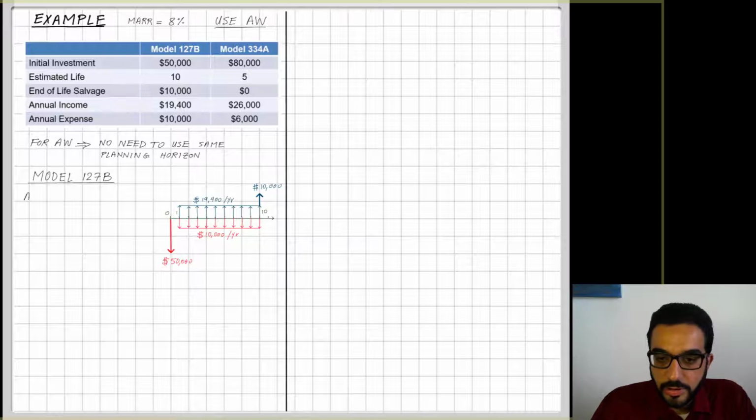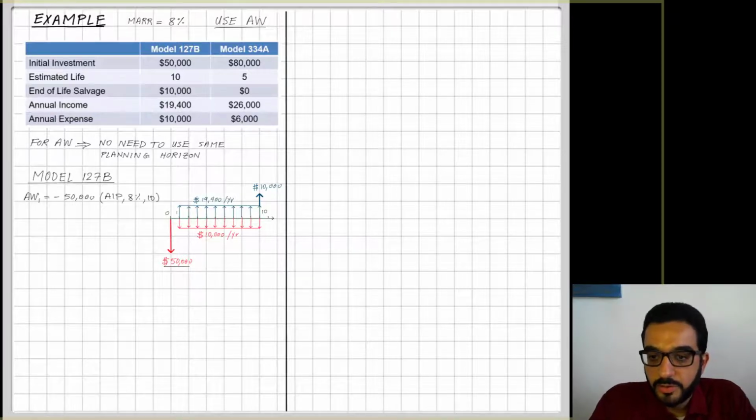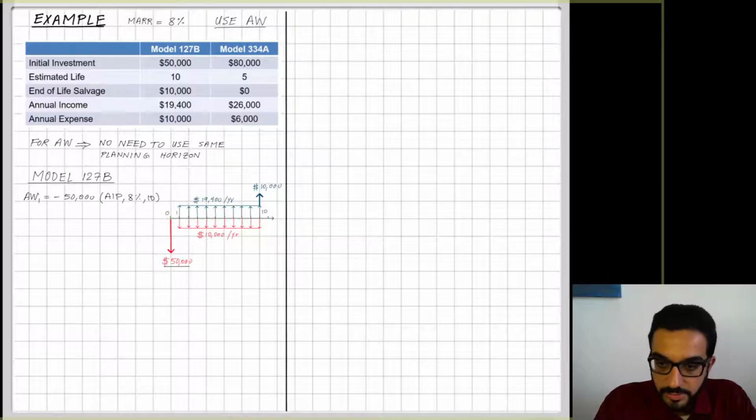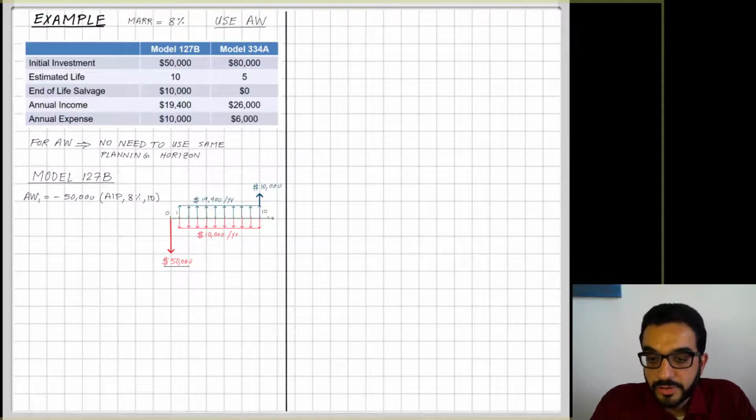So by looking here, I will have initially 4 components. The first component is the 50,000, it's an initial cost, and I'm calculating the annual worth. So it's multiplied by A given P, the 8%, and then I have 10 years.